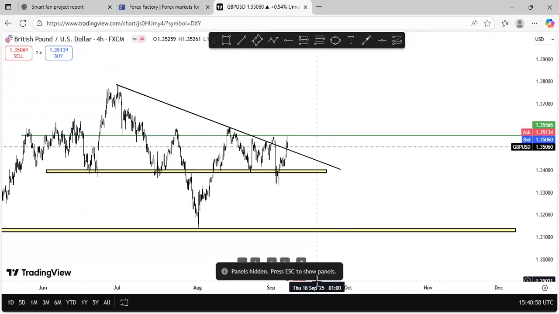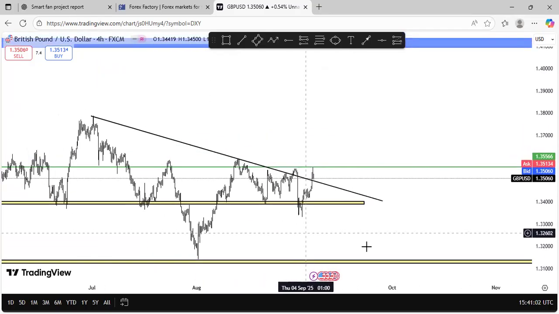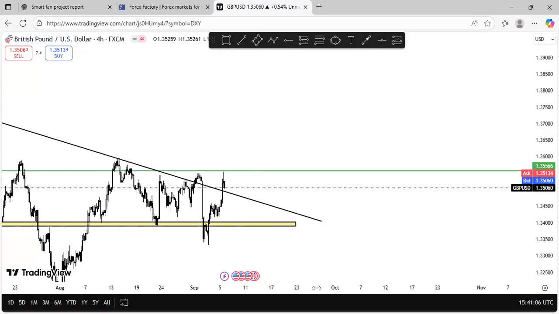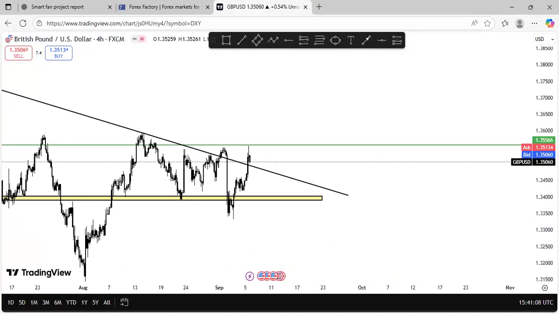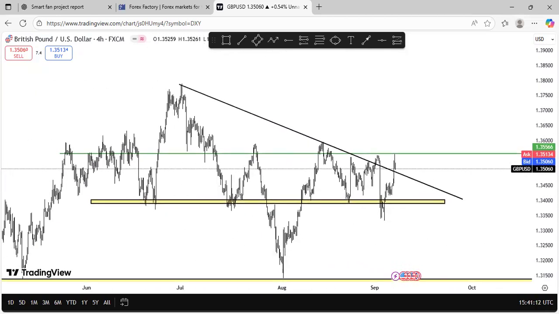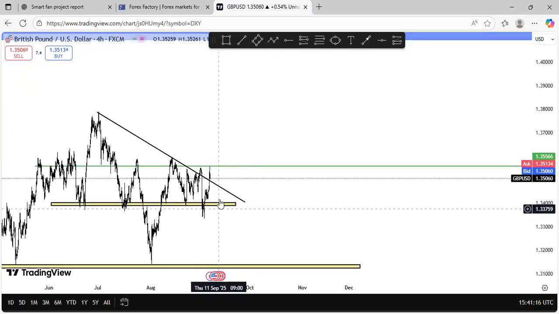So I'm going to be entering on this trade. But basically I've got to wait for price, because right now price is heading back inside our trend line.